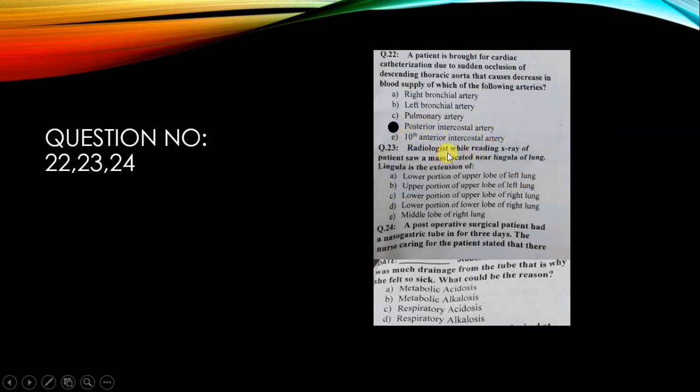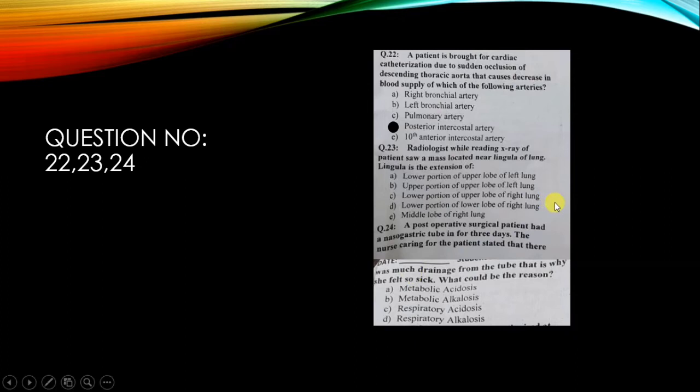Question number 23 says a radiologist, while reading an X-ray of a patient, saw a mass located near the lingula of a lung. Lingula is the extension of: lower portion of the upper lobe of the left lung, upper portion of the upper lobe of the left lung, lower portion of the upper lobe of the right lung, lower portion of the lower lobe of the right lung, or middle lobe of the right lung.